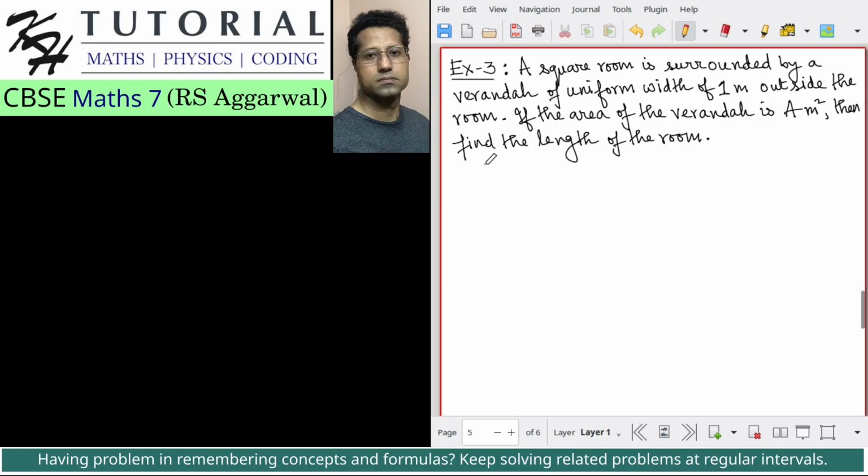Since the veranda is outside the room, the area of the veranda will be equal to x, the uniform width of the veranda, which is 1 meter, multiplied by the perimeter of the room, plus 4x square.